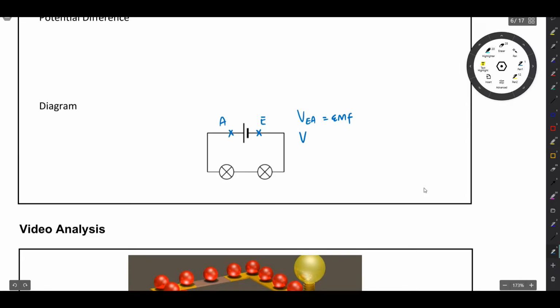The difference between VAE and VEA is the path taken. AE is taking this path, whereas EA is taking the pink path, and you realize the difference. Even though they may be the same in terms of magnitude, in physics terms they actually mean different things, because EA is energy gained by the charge.